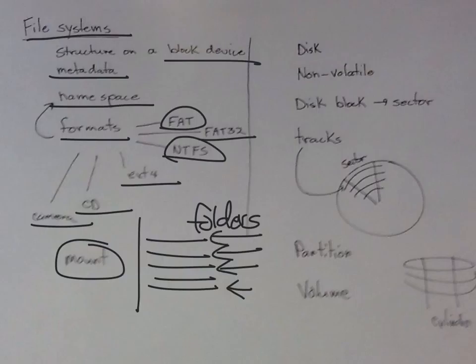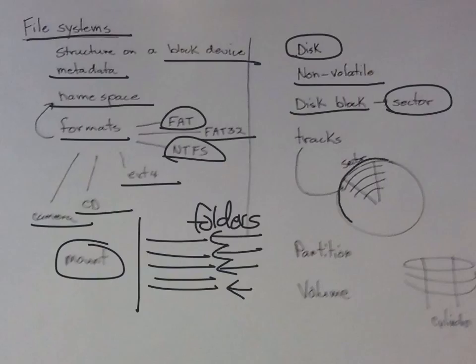All right, so then we talked about disk. This term is used in a couple different ways. Most typically, it's thought of as non-volatile, and we think about a disk block, a sector. Now, a lot of times we think about this being a platter.